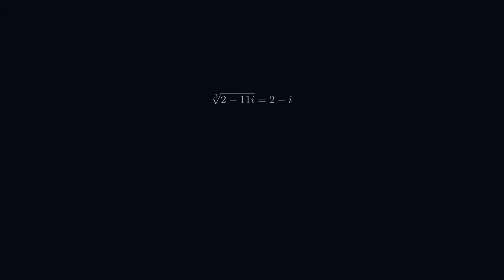It worked. By the same logic, the cube root of 2 minus 11i equals 2 minus i. Add the two cube roots together: 2 plus i plus 2 minus i. The i's cancel completely, and you land exactly on the real answer you already knew was correct.